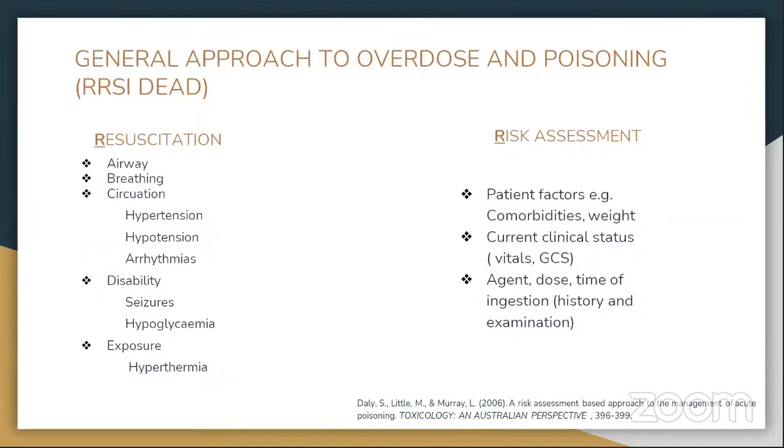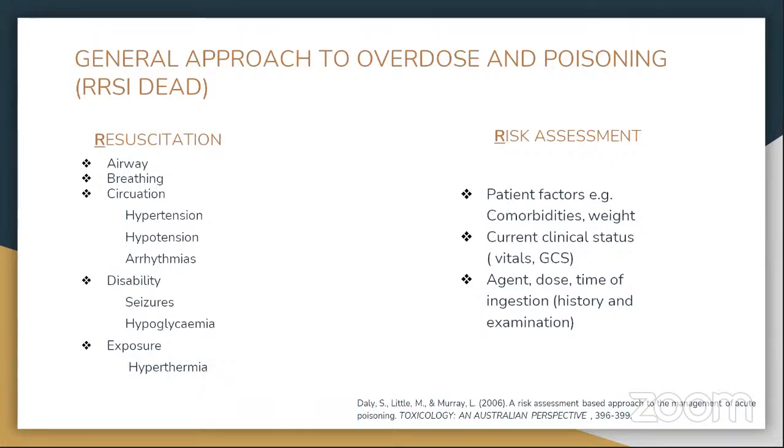Okay, so for the general approach to overdose and poisoning, there is a mnemonic you can use, RRSI dead, that can give you a structured approach when you have a patient like this. The first R stands for resuscitation, and that's your ABCDE, with also attention to things like hypertension, hypotension, arrhythmias, seizures, hypoglycemia, hyperthermia.